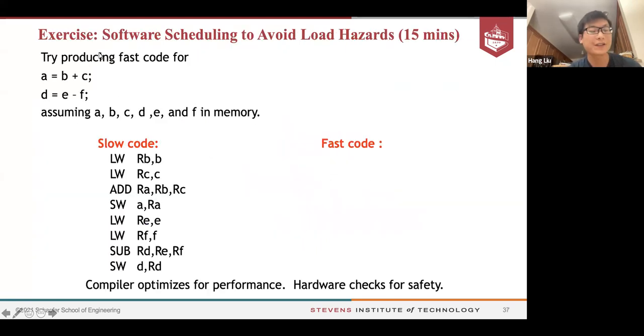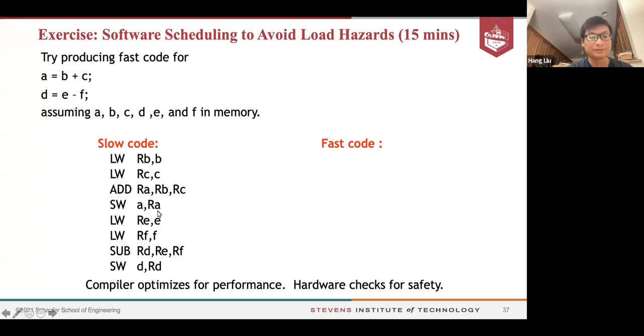Okay, so one exercise for you is to do some software scheduling to avoid load hazards or data hazards. What we do is load B to a register, load C to a register, add RC and RB to get RA. Then we store RA back to the address, and then we load E, load F, do a subtraction, and store back.